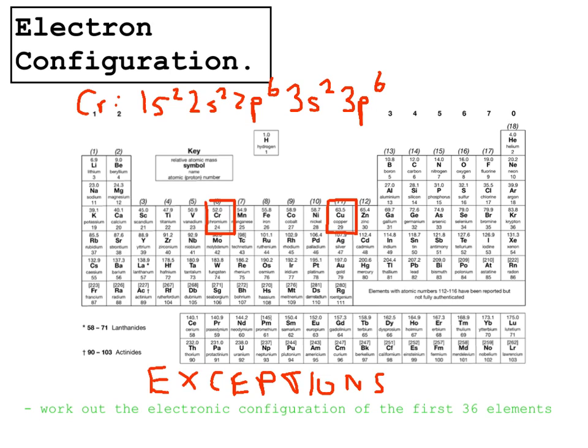It's the next line that is different. So normally, if you're working out chromium, you do 4s2, 3d4, but for chromium, instead of filling up 4s2, 3d4, it fills up 4s1, 3d5.